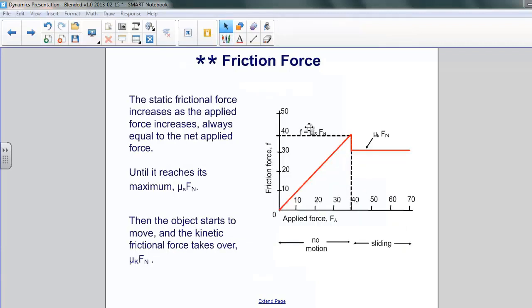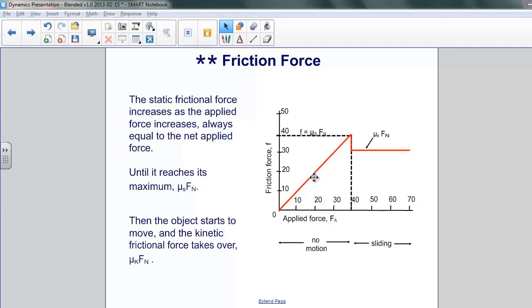To get a better understanding of how the static frictional force works, let's have a look at the graph that's displayed here on the right. What we note is that as the applied force increases, the frictional force also increases. In fact, it's exactly equal and opposite to the applied force.